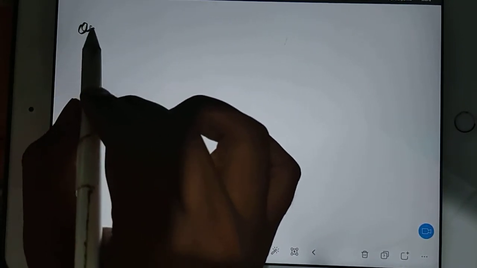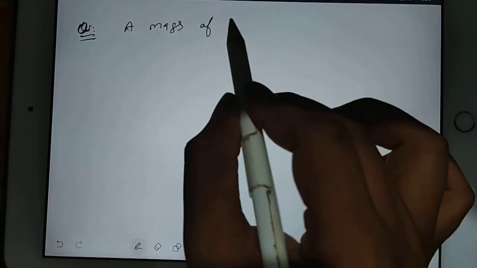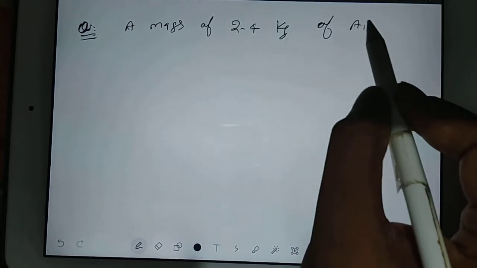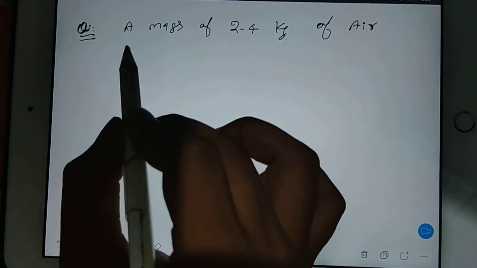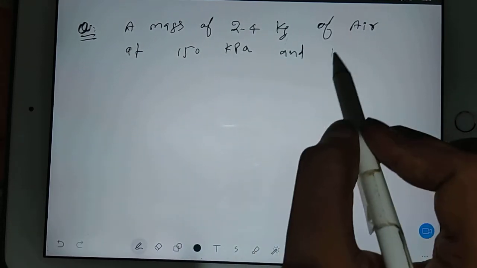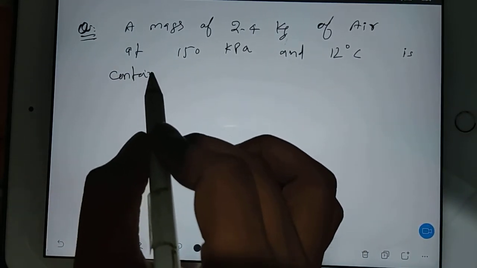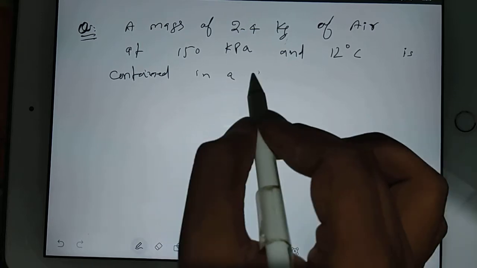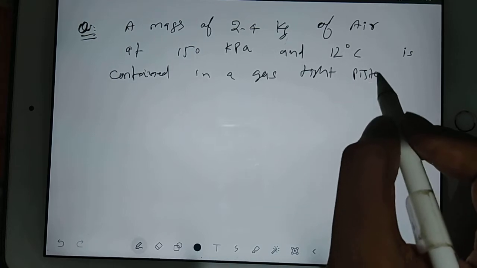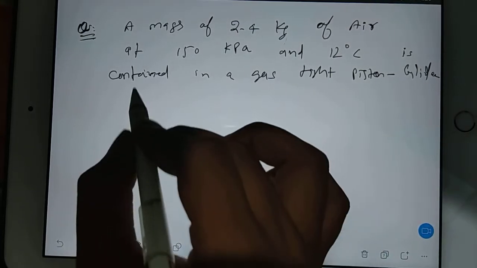The question is, a mass of 2.4 kg of air at 150 kilopascal and 12 degrees Celsius is contained in a gas tight piston cylinder device.